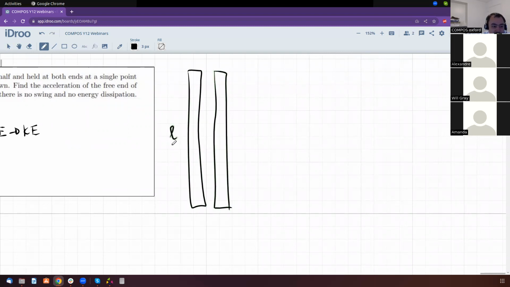Two pieces of rope, length L/2, L/2. The center of mass is here. Let's introduce an axis, downwards, the x-axis, and this is 0. So this point is L/4, of course, because the length of the rope is L/2. Okay.